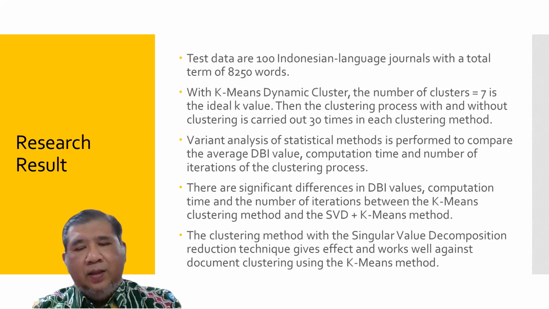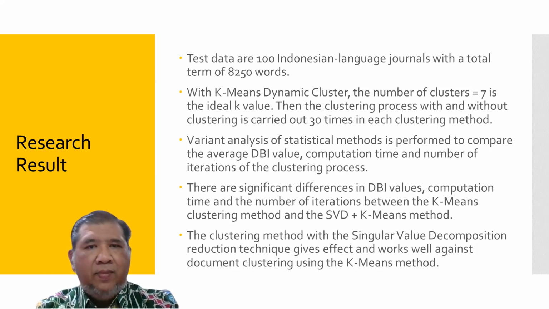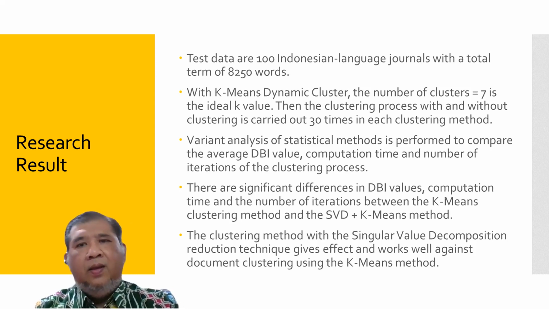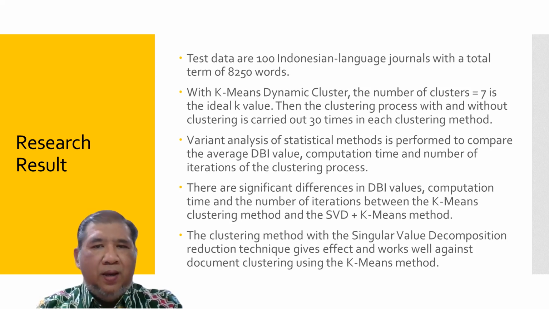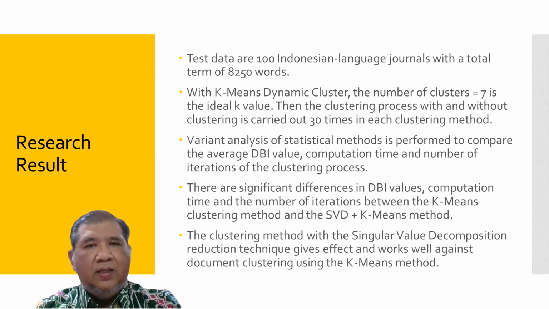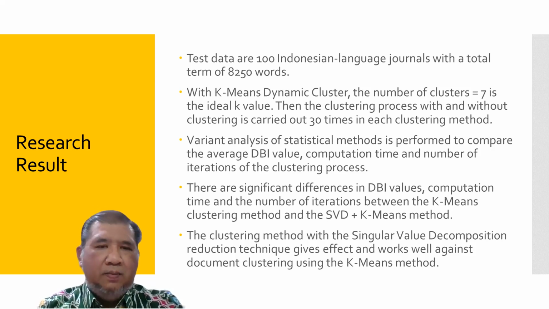As the result, we conclude that this research used 100 Indonesian language journals, which were converted into 8,250 words or attributes. We clustered using K-means with K equal to 7 as the ideal K value, and all the tests were repeated 30 times for each method.